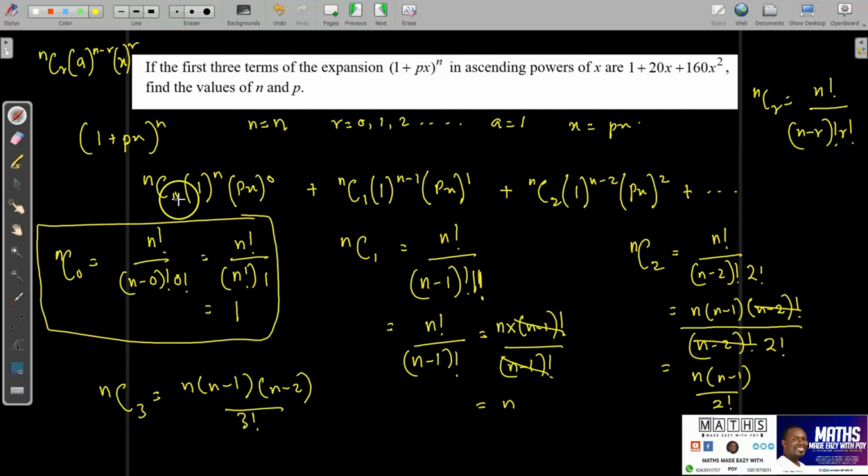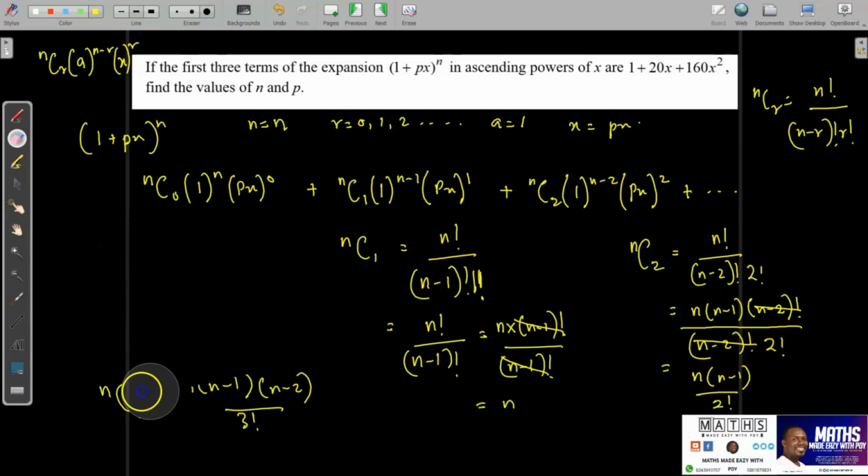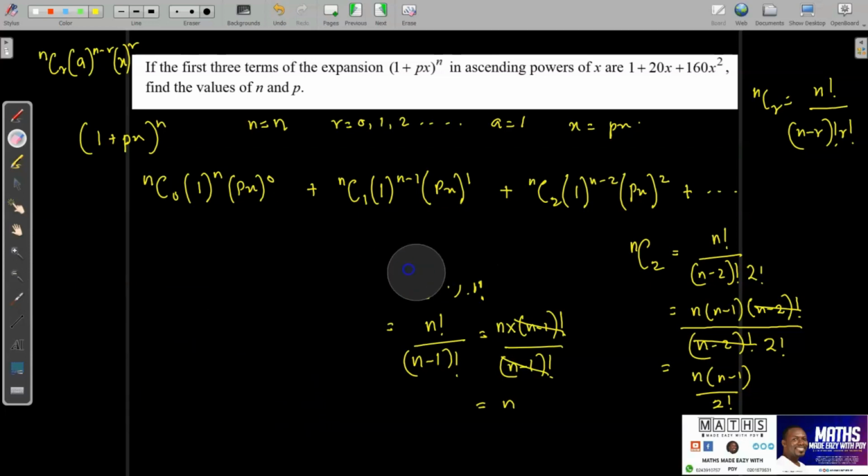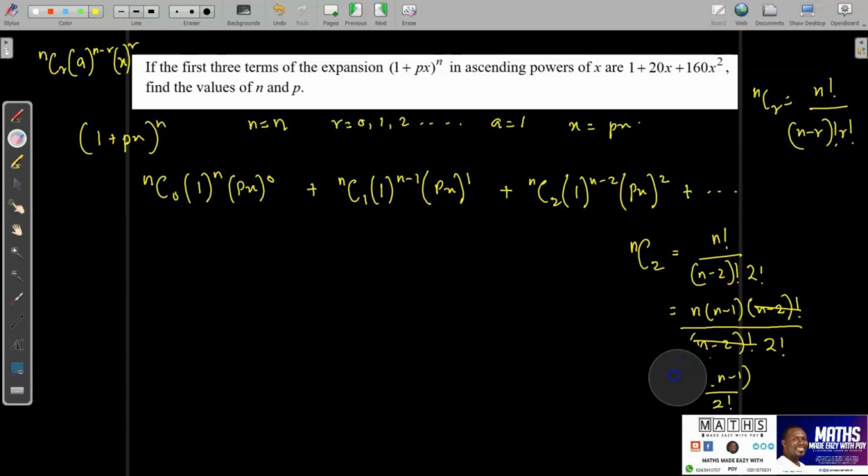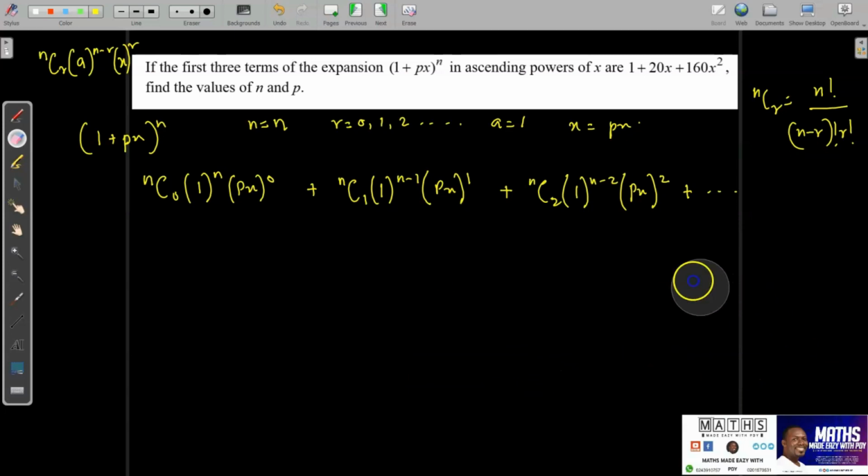So now that we've understood how to write the expansion for n combination 0, n combination 1, n combination 2, which we've simplified over here, now we can go back and write our other things. So let me clear all that I have here, and then we continue. So this is well understood, because in the exams you don't have to show all these calculations, but you can just go straight ahead and quote it.